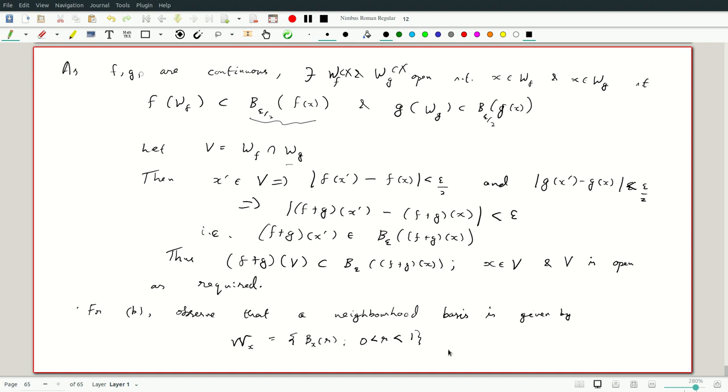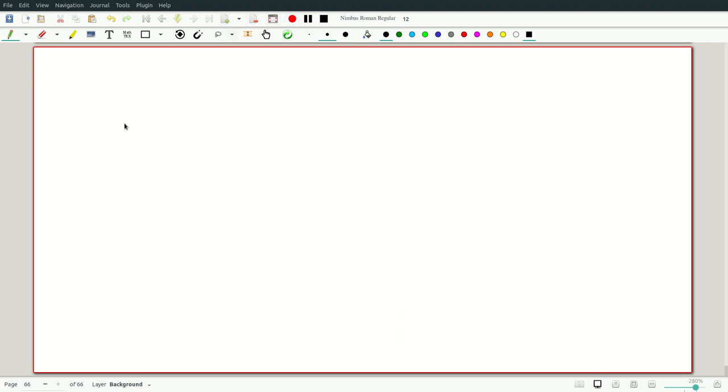There are small enough balls; in fact I could fix any eta, and balls of radius less than eta also form a neighborhood basis. So we need to prove it only for these, and we can use one neighborhood basis and prove for another also. We won't have to do that. Okay, so with this background, we can prove B relatively easily.